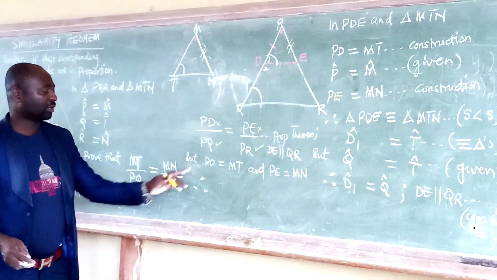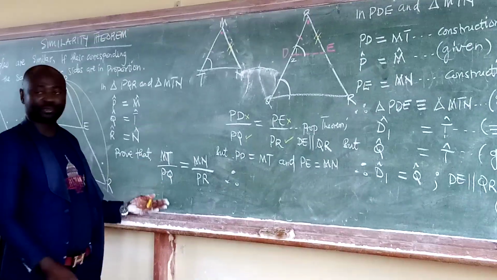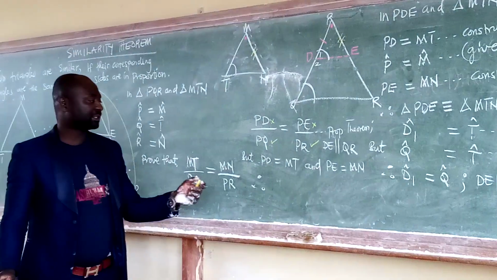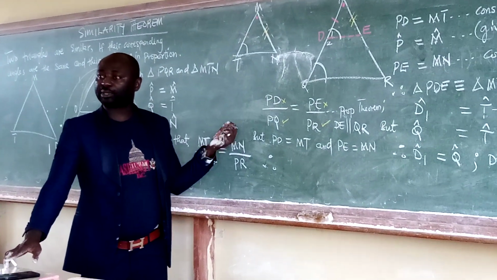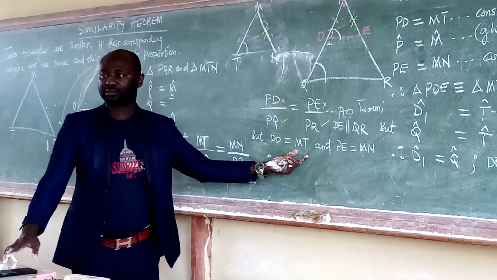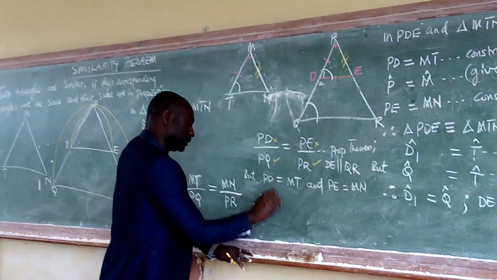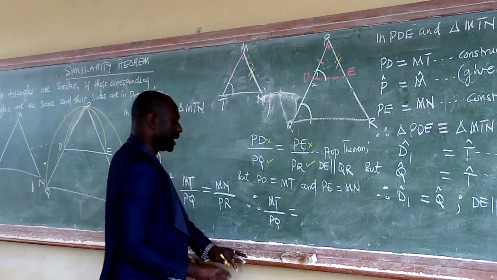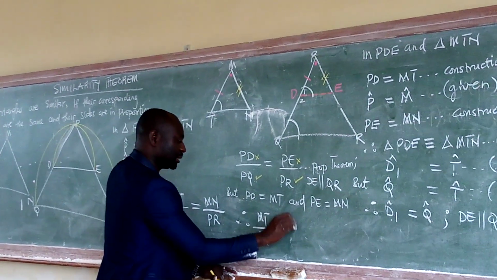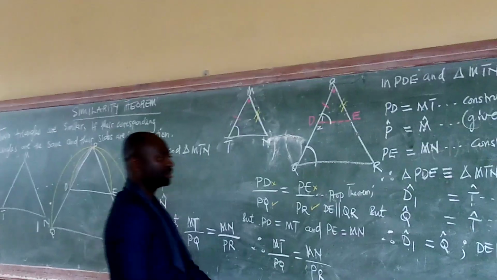Because if PD is the same as MT, and I'm supposed to prove MT over PQ, that means where there is PD, I take PD out and I substitute MT. So I will conclude by saying MT over PQ is the same as MN over PR. And then we are done.